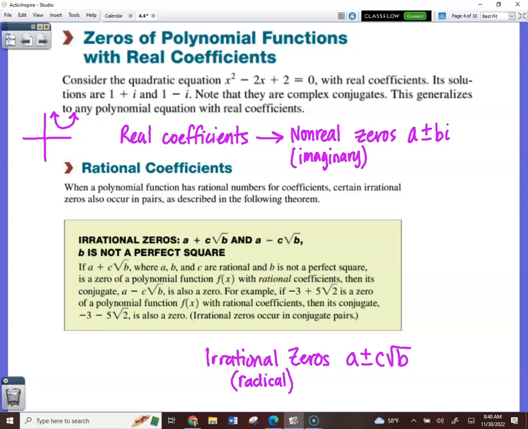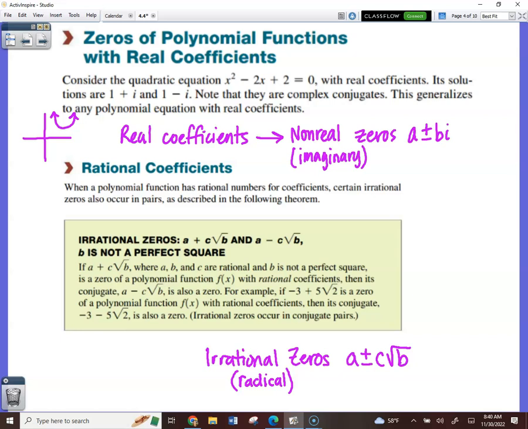This is what we've already talked about, okay? So don't let this slide intimidate you. At the very beginning, we said, if I tell you that there's a zero that's 1 minus i, then you would have to be able to say, oh, well then 1 plus i is also a zero.